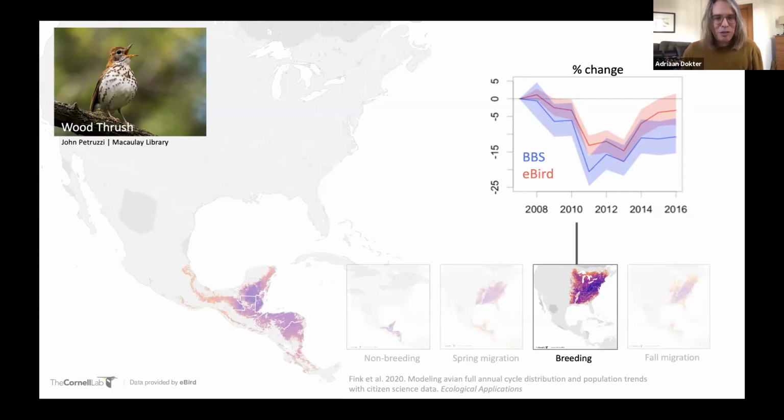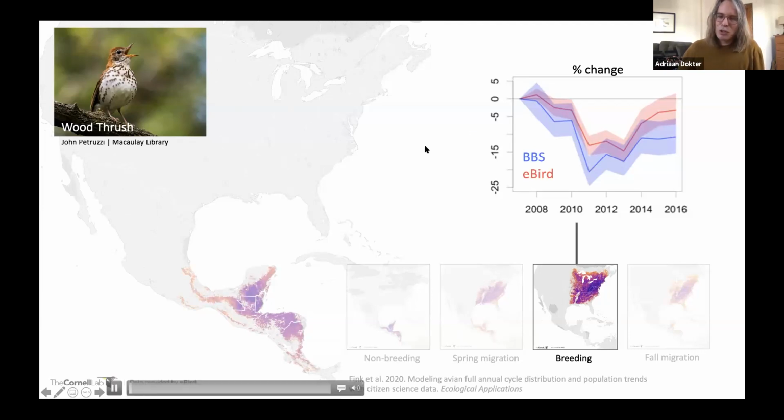If you overlay them with the BBS trends, which are still the gold standard, I think, for looking at these population trends, you see there's this very close correspondence. I think this is really key, because apparently these citizen science data sets have the ability to pick up population fluctuations like this and population trends.